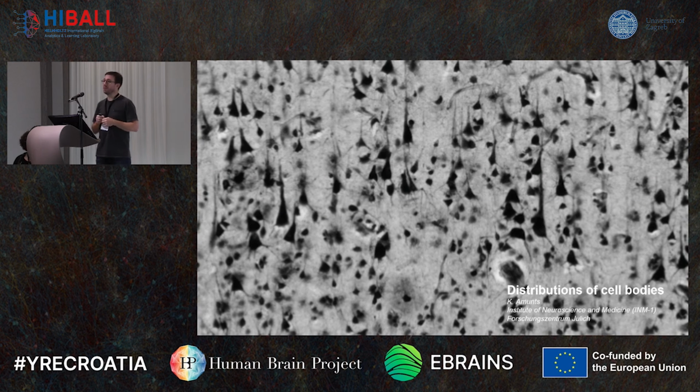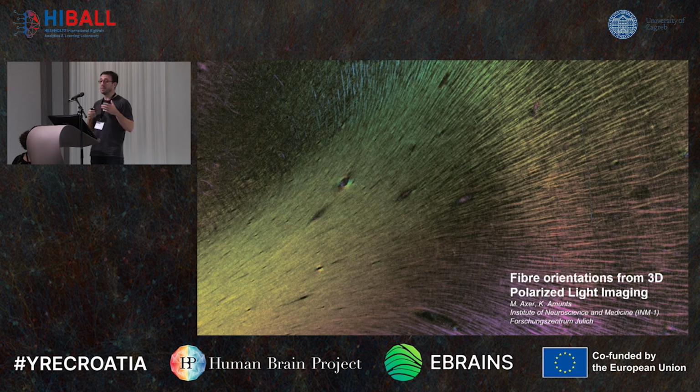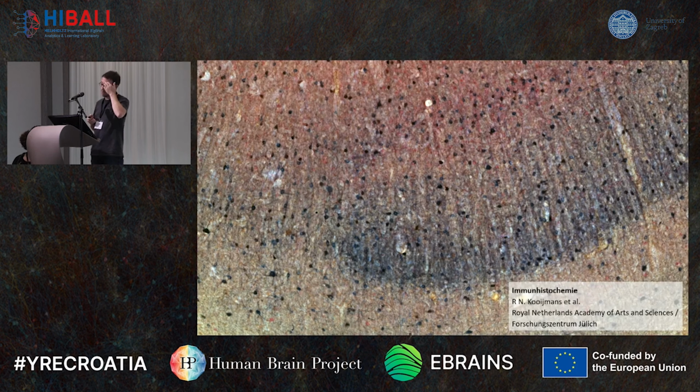But of course, we are not only interested in where these regions are, but the question is, what makes these regions? What are the properties of such regions in the different modalities? What's inside those regions and what is the variance? And of course, we are interested in cell distributions of all these different regions, in distributions of nerve fibers, or in types of cells, distributions of specific types of cells as we see it here.